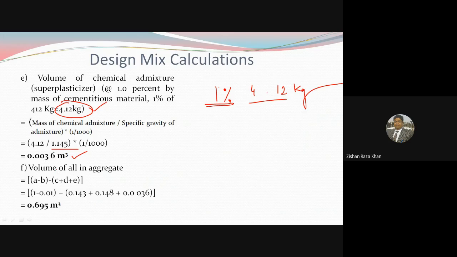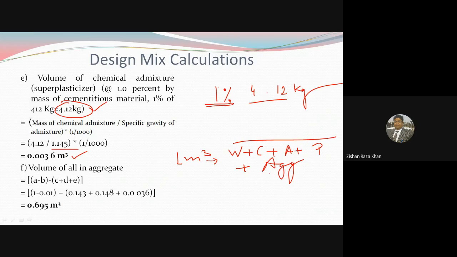Okay. Now, as we know, total volume will be 1 meter cube. So it will have what? Water, cement, air, and plasticizer, plus aggregate. So we know all four.